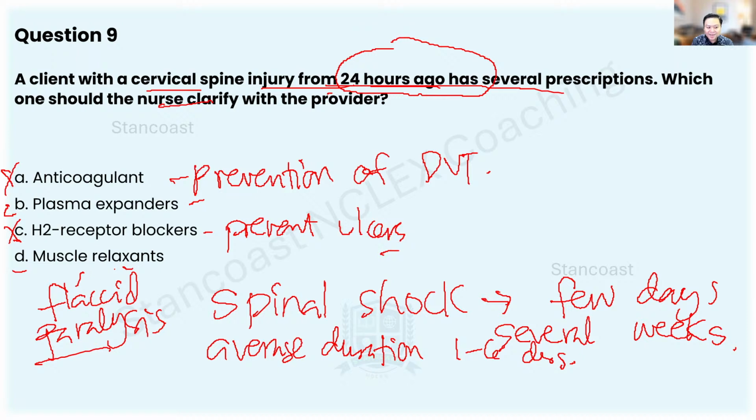All right, that's the reason why you should question the order, because it's not going to be needed yet this time. It's not specific if it's a PRN or a routine medication, so we will consider this as a medication that is going to be routinely given to our patient. We should question this because, again, in spinal shock, the duration is going to last for several days.